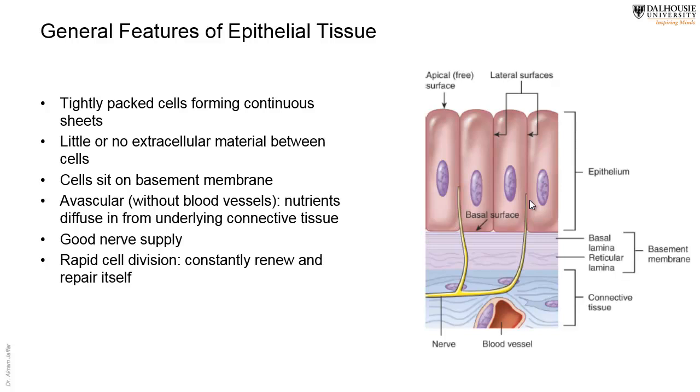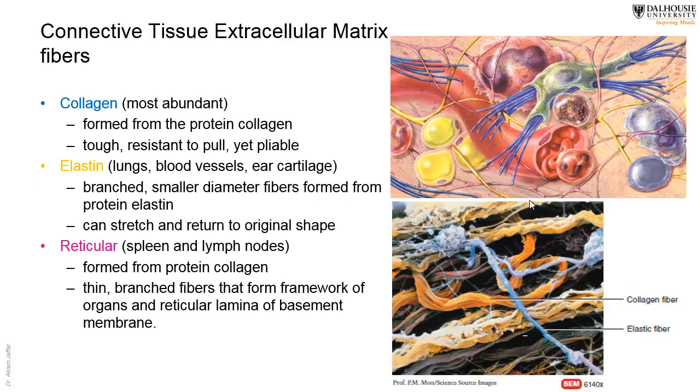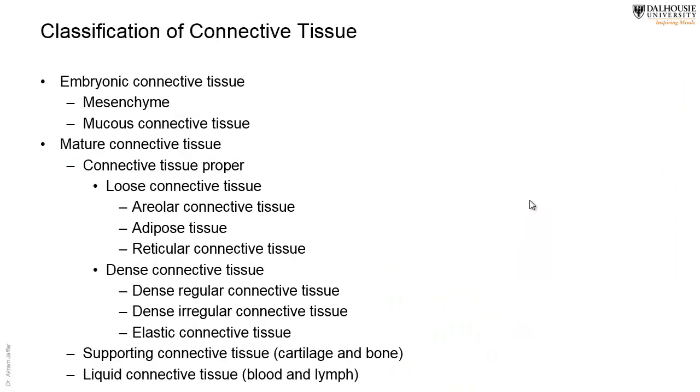We mentioned that the reticular lamina is produced by the cells of the connective tissue. So this is another place where we find these reticular fibers, and in general they form the framework of soft organs like the lymph node and the spleen. So these are the three main types of fibers present in the connective tissue: the collagen, the elastin, and the reticular fibers.